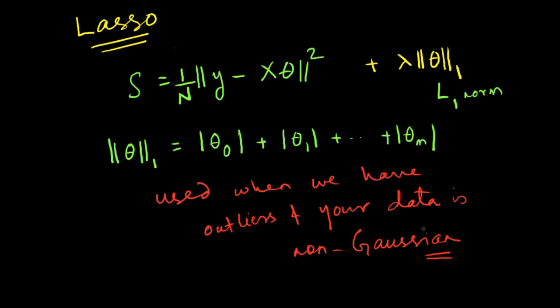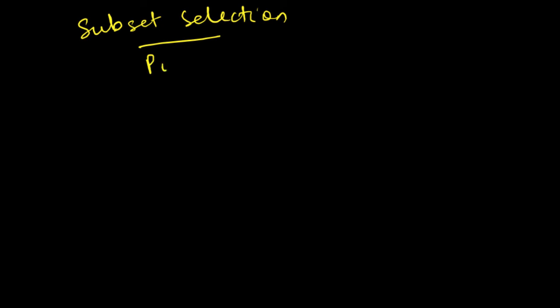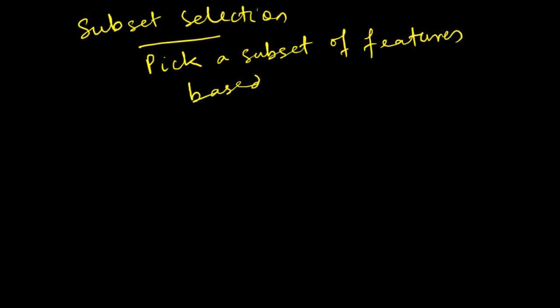There are also two other methods that one could use. One is called the subset selection. In this, without getting into too many details, after doing your optimization, you basically pick a subset of features based on some threshold.